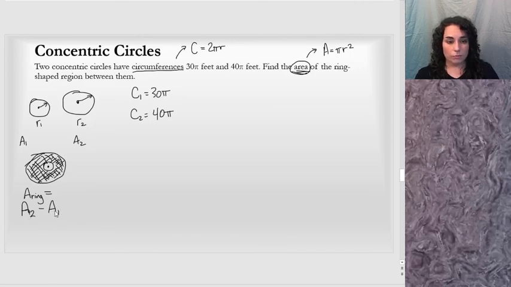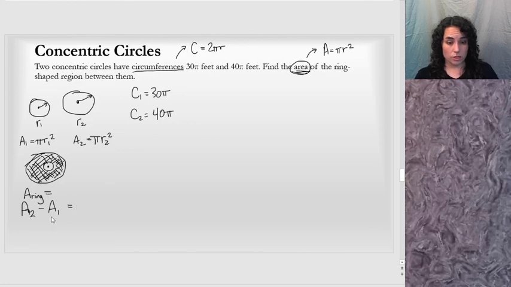So I'm working in symbols. I'm going to notice that if I say A ring equals A2 minus A1, and we can make a note here, A1 is pi R1 squared and A2 is pi R2 squared.